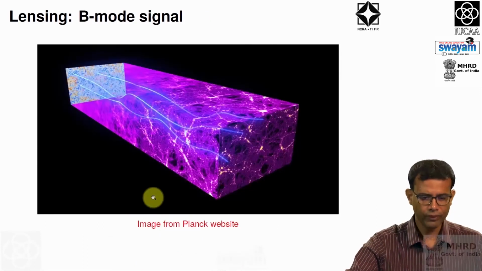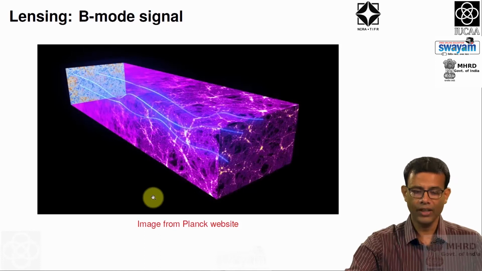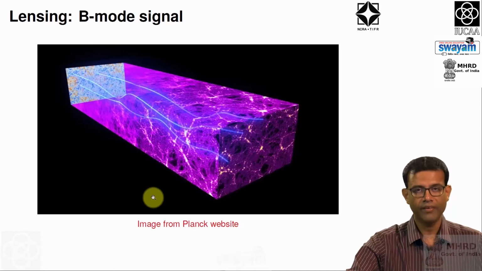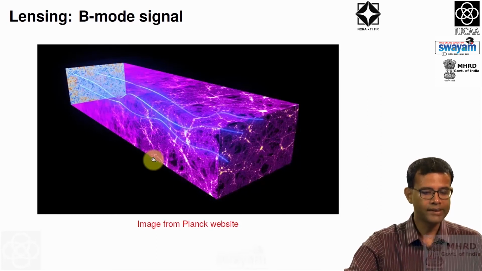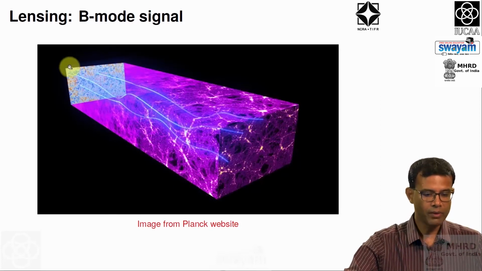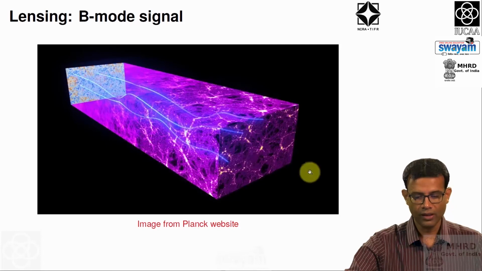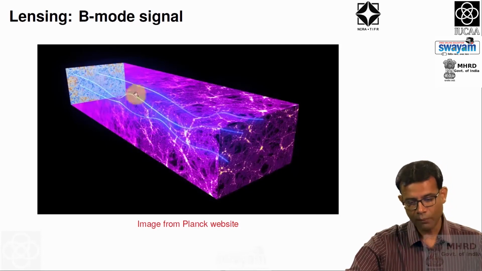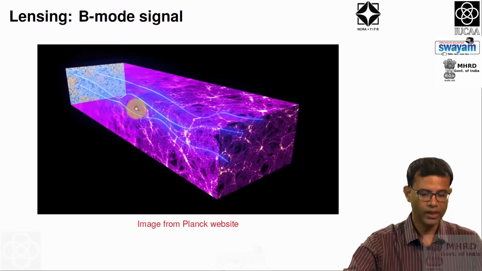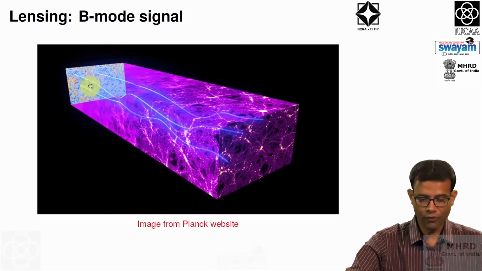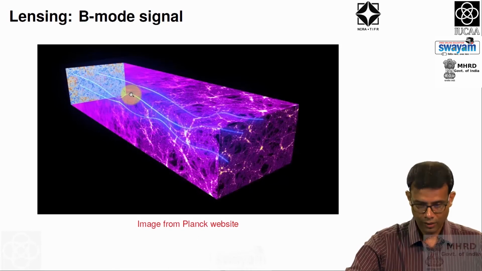Okay. The B mode signal can arise from other effects as well, for example secondary effects which have to do with lensing of the CMBR signal. So, imagine there is a CMBR sky and we are observing here, but the photons are passing through the large scale structure, all these potentials, and as the photons pass through these gravitational potentials, the photons bend.